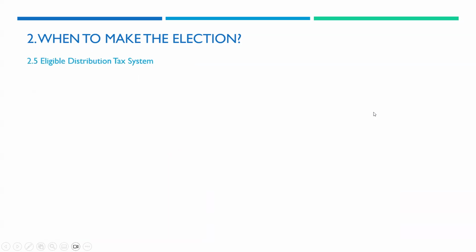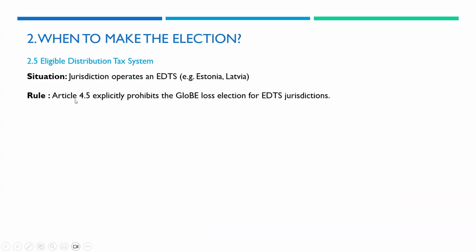Also, if you have an eligible distribution tax system, you remember this EDTS? If you have EDTS, Article 4.5 explicitly prohibits the globe loss election for an EDTS jurisdiction. You should only go by 4.4, not by 4.5. The reason is EDTS has its own special treatment under 7.3, which we will learn later. But if you have EDTS, do not use 4.5.